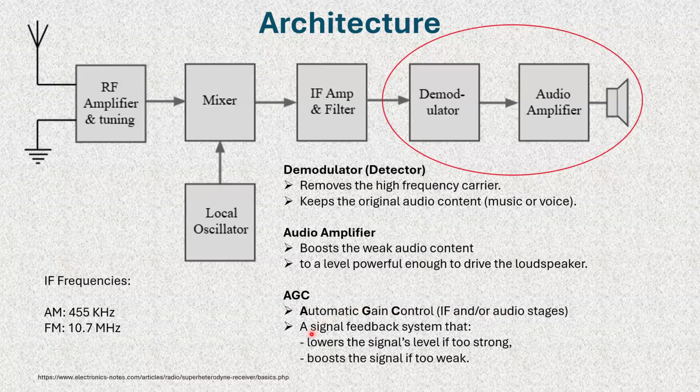Automatic gain control is a signal feedback system: if the signal is too loud, it's going to bring it down automatically. If the signal is too weak, it's going to bring it up automatically to the constant level that we want, so we can work with it later on.